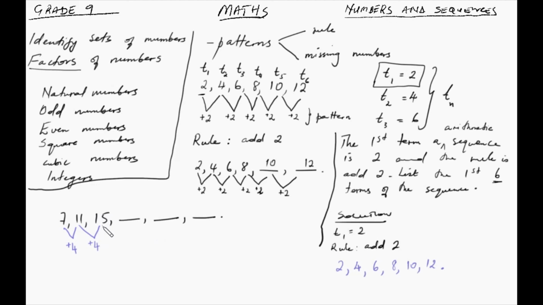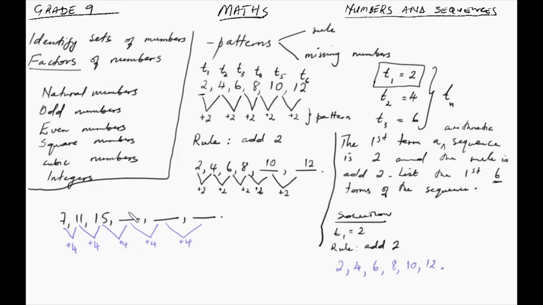So it looks like our pattern is add 4 here. That means to move from 15 to this term here, you just add 4. The rule is add 4, so we can use the rule to find the missing terms.